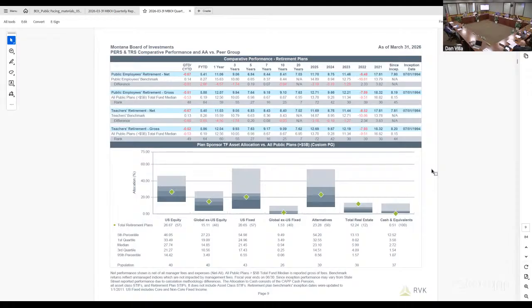Yeah, okay. Thank you. One thing I would note here: what this is not picking up is, so we kind of have two, so this is picking up CAP, the consolidated asset pension pool. But we generally keep 1% cash at TRS and PERS, which we count internally, and that's because they're paying benefits, right?